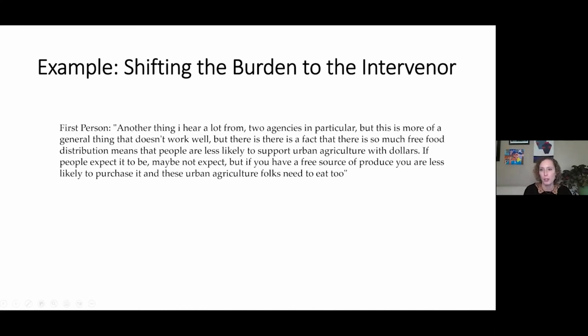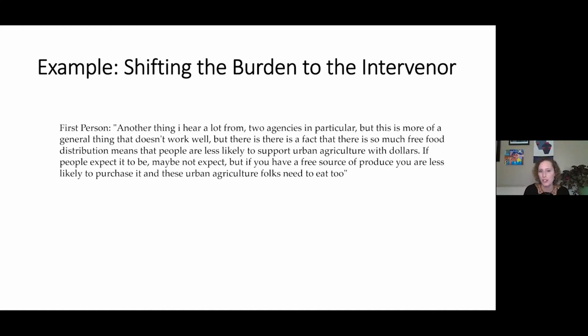So here's just an example of the way that that works. This is a direct quote from a focus group that we did in Flint with consumers and participants in the food system. This particular interviewee is saying, "Another thing I hear a lot, there's so much free food distribution. This means that people are less likely to support urban agriculture with dollars.